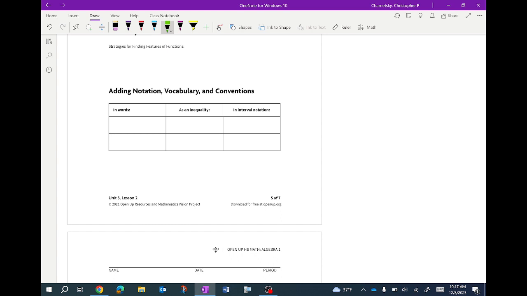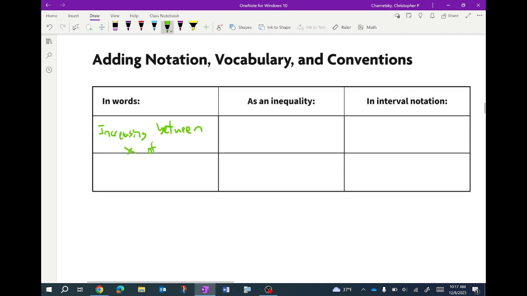So if I took a look at increasing between x of 5 and 25. Okay.